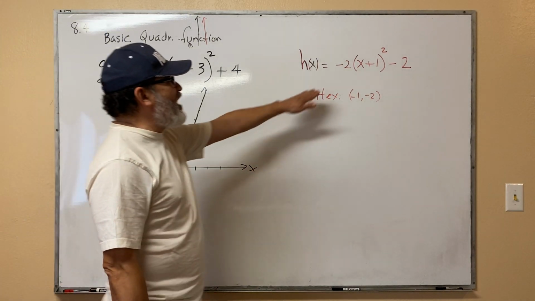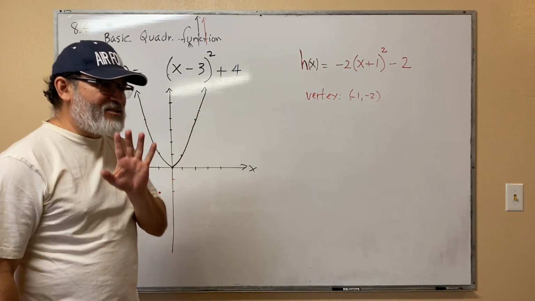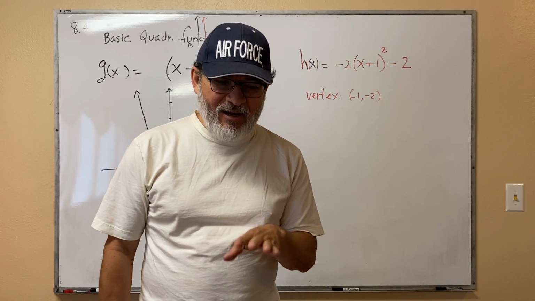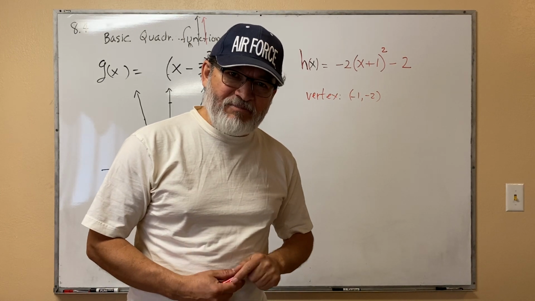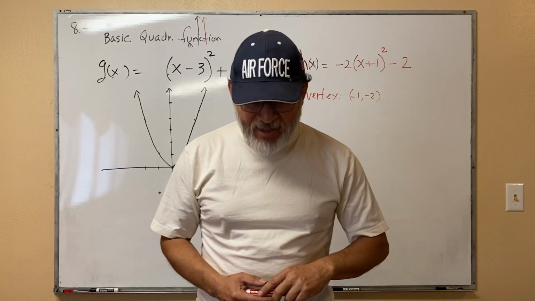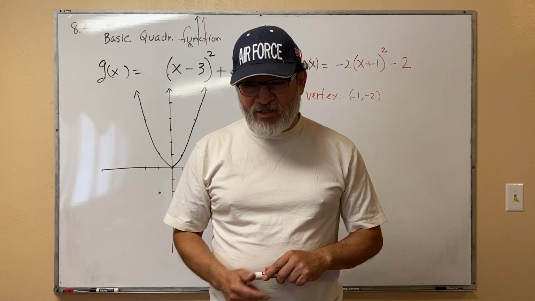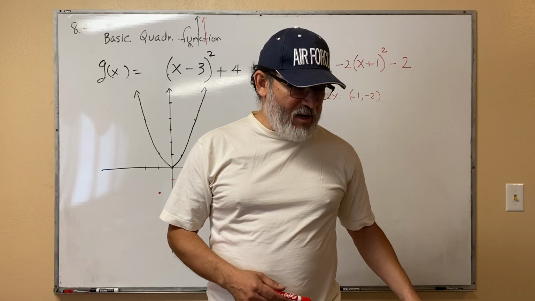Now, to graph this, let's not forget the behavior of the basic parabola. What's the behavior of the basic parabola? Basic parabola, go to this vertex. Once to your left, one up. Once to your right, one up.